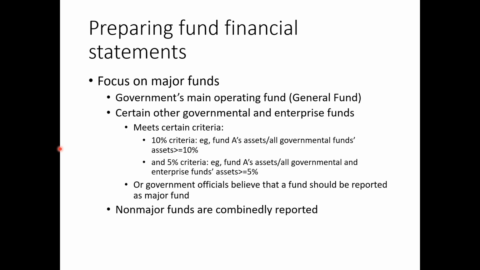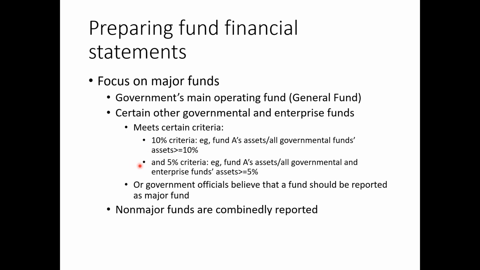Or expenditures equal to or greater than 10%. Anyway, if any of the major accounts from this fund A is 10% or greater of all governmental funds, then it's possibly a major fund.